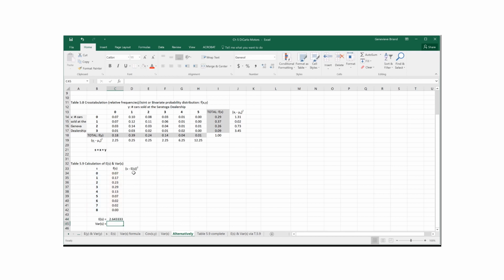Now we can compute the square deviations, with a dollar sign so that this cell reference doesn't change when I copy. So square, oops, my parenthesis is wrong over here.